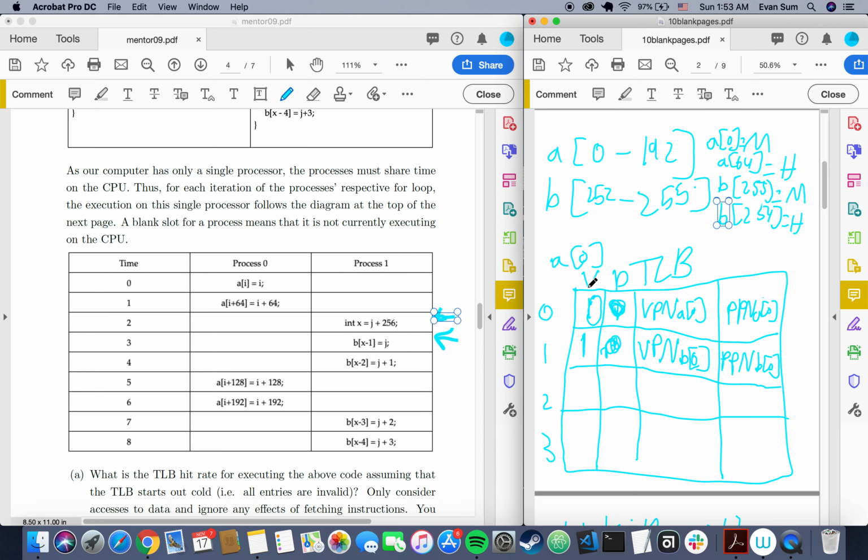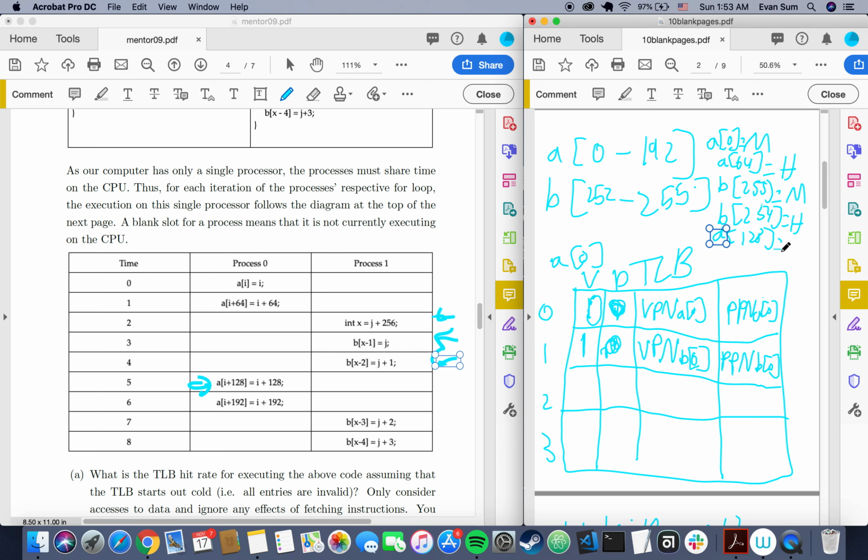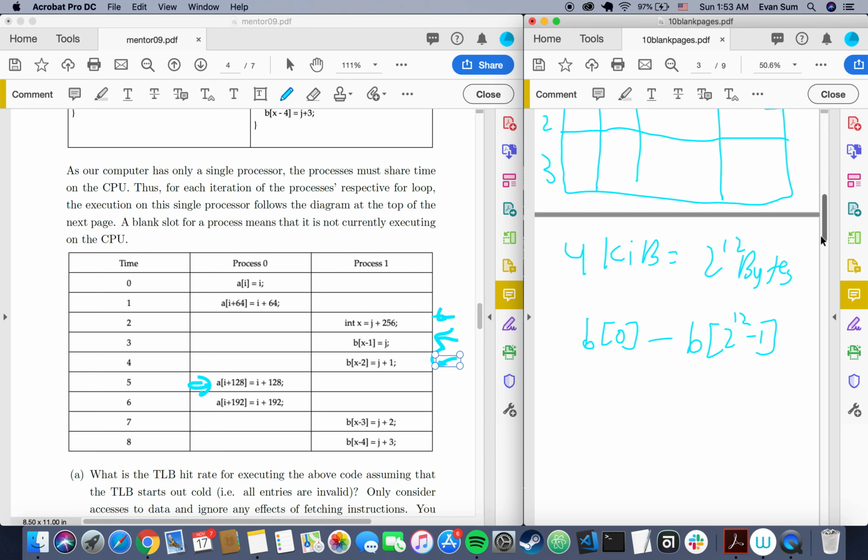So what's going to happen next? We just finished this one, and now we're going to go to this one, and we're going to look for, I think, 128. Some people are going to draw this and think, wow, we have that, VPN A0, which, just like I said before, covers A0 all the way to A2 to the 12 minus 1.